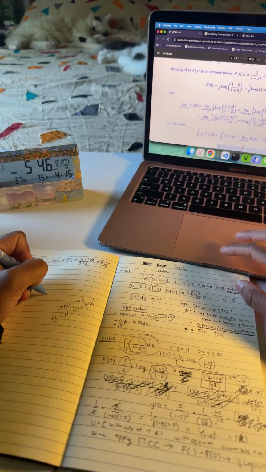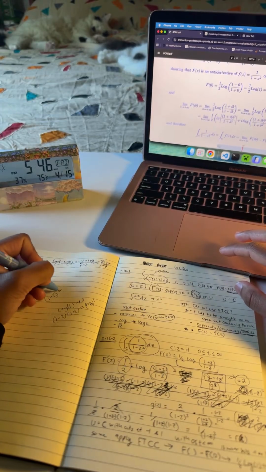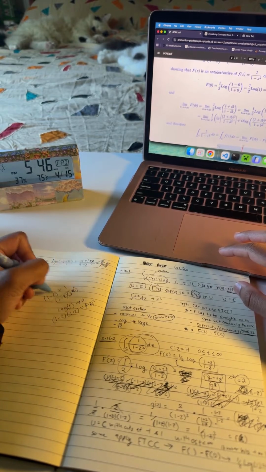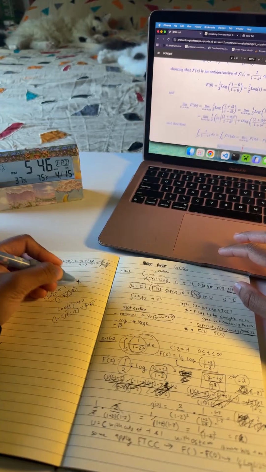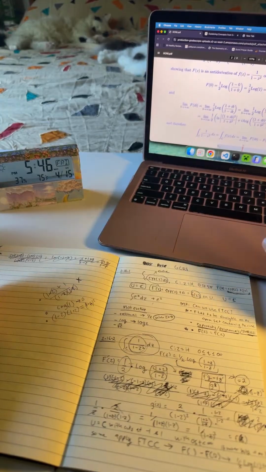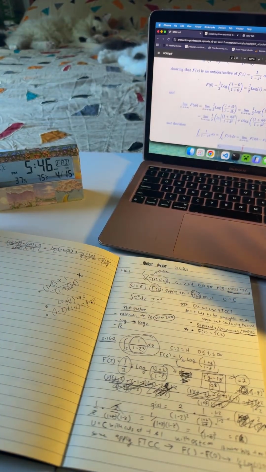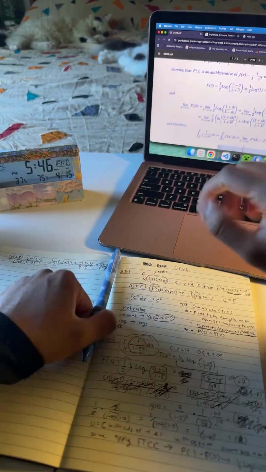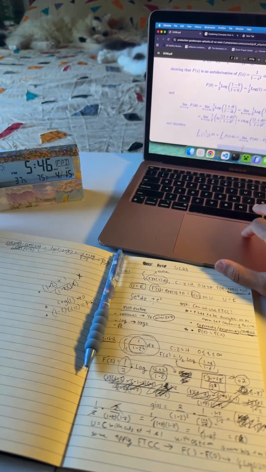You can't write 1 over 1 minus z times 1 minus z, that's illegal. These are simple things. You should remember these things. It's hard to. Anyways, I don't know how the top becomes squared all of a sudden.